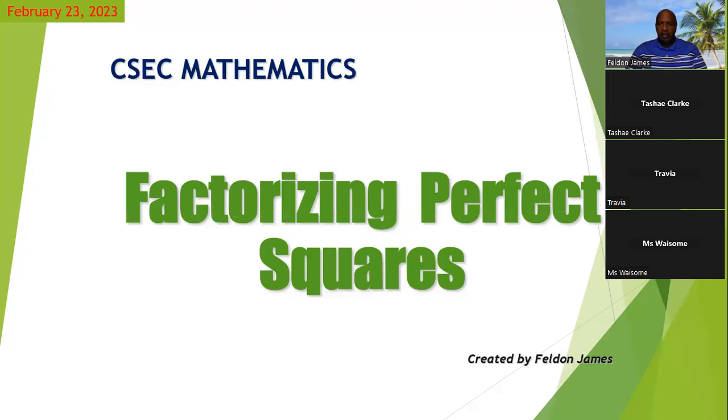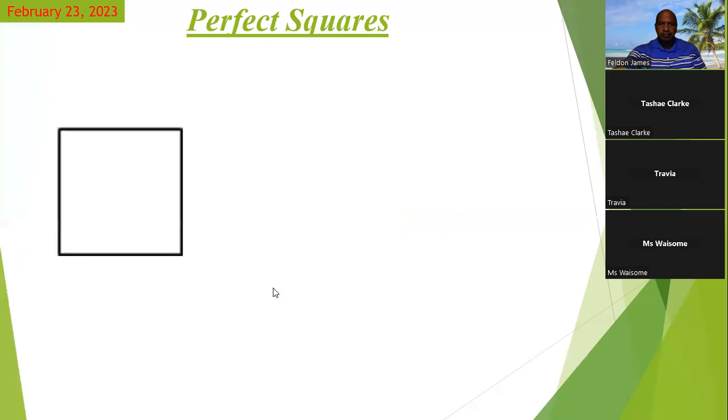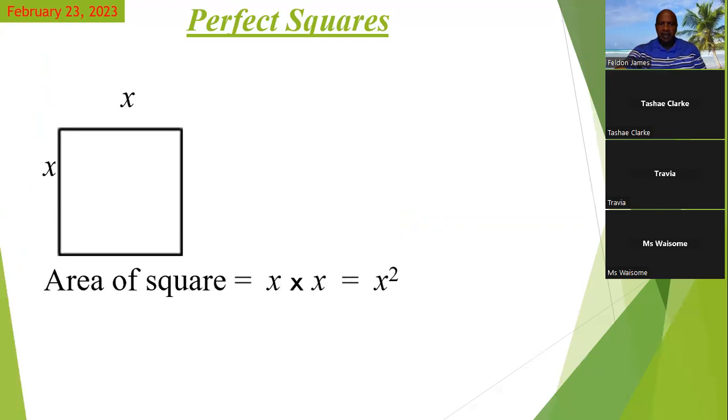All right, with that said, moving along. We did look at what a square is from a geometric point of view. If we have a square, we have length times length, and finding the area, it would be the length times length.